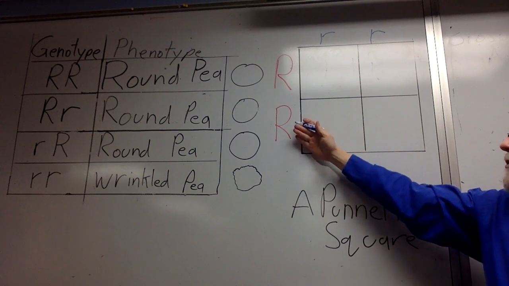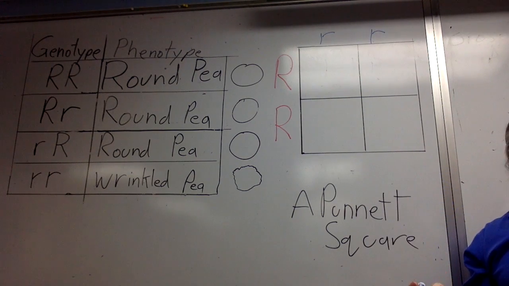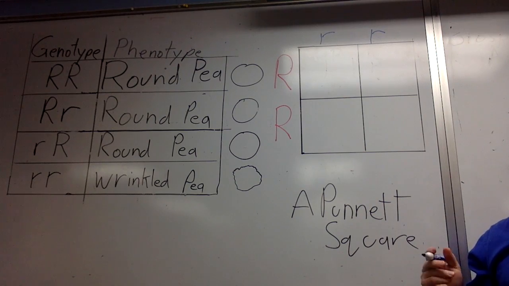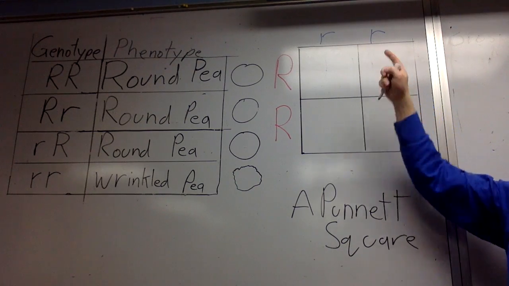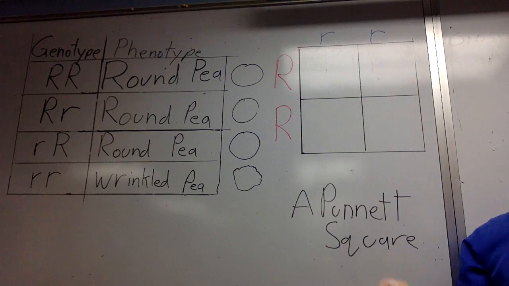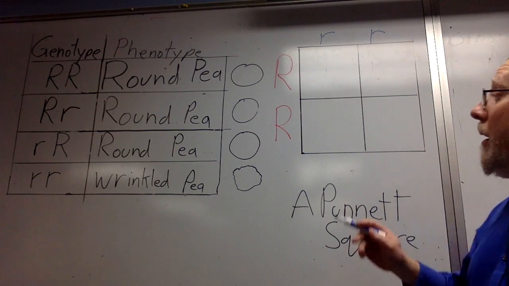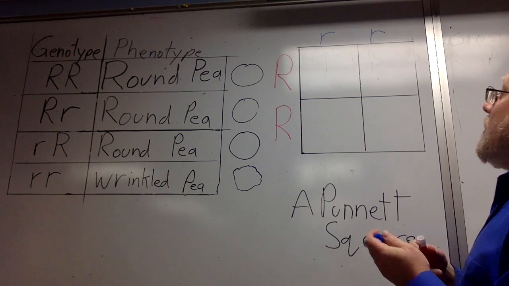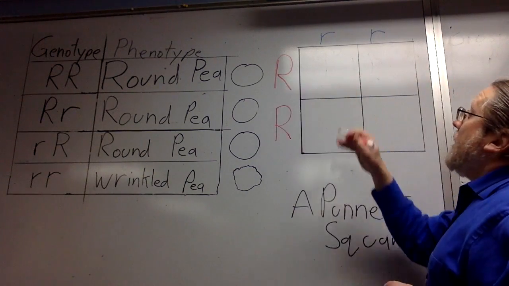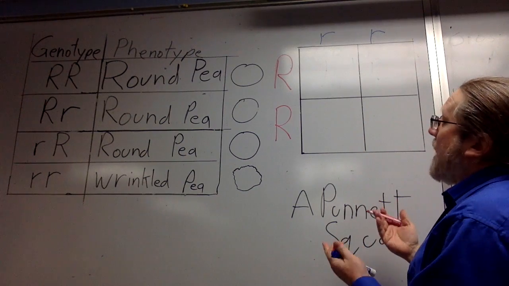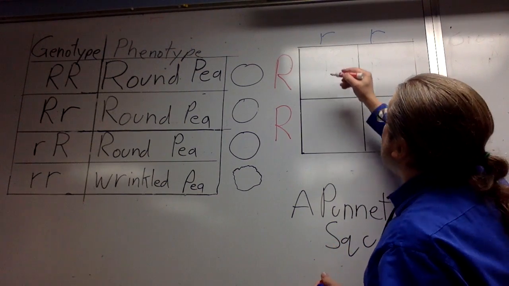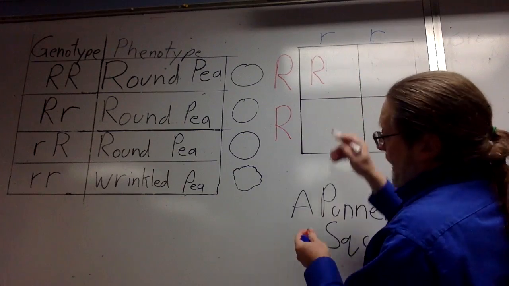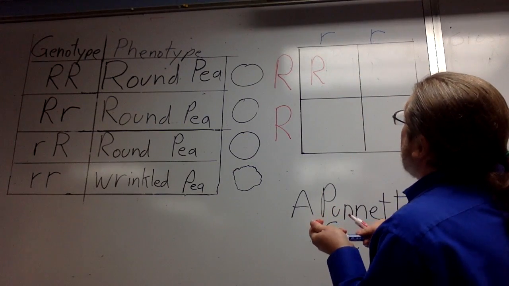You'll notice I use capitals to represent alleles that are dominant. I use lowercase letters of the same letter to indicate recessive. Now, here are the possibilities. With this cross in a new zygote, in a fertilized egg, we have these possibilities.